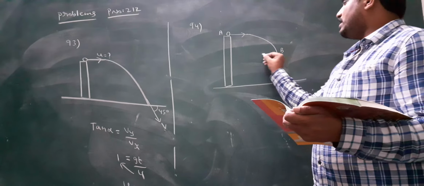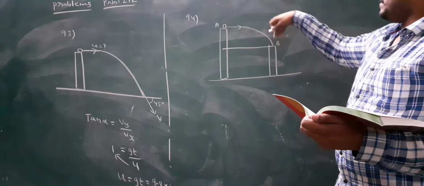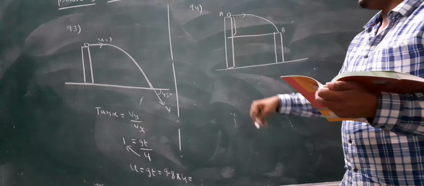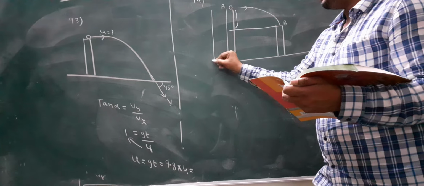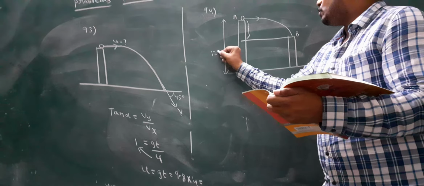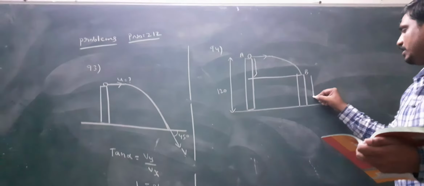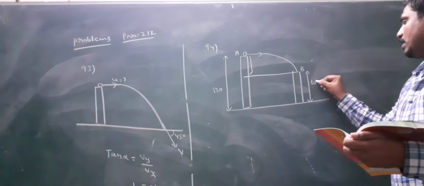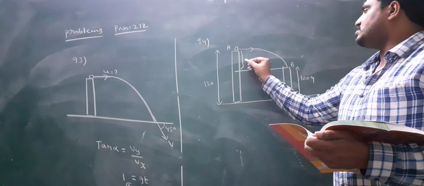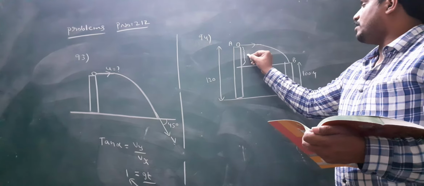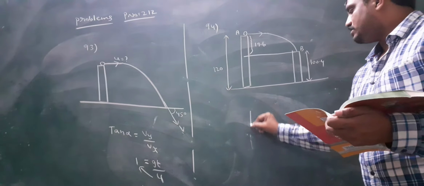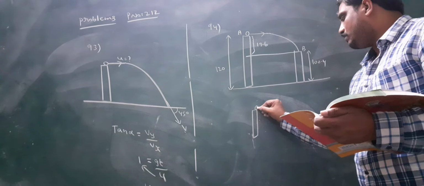Now this looks like a horizontal projectile. You see here, horizontal projectile. The difference is the first tower height is given, 120 meters. The second tower height is given, 100.4. Now the difference is 120 minus 100.4, which is 19.6.